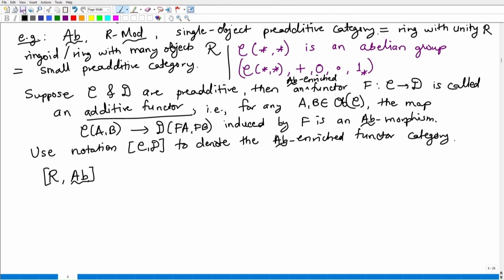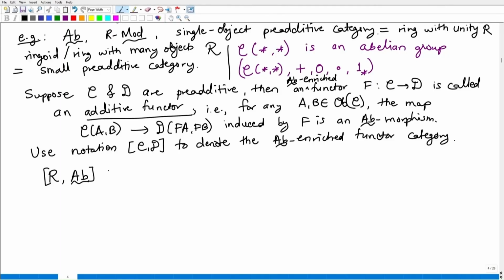And that object has to map to some Abelian group M, and then for every endomorphism of that unique object, like every element of the ring, there is some map which is an endomorphism of that M. So it becomes a module. So this is the category of left R modules.